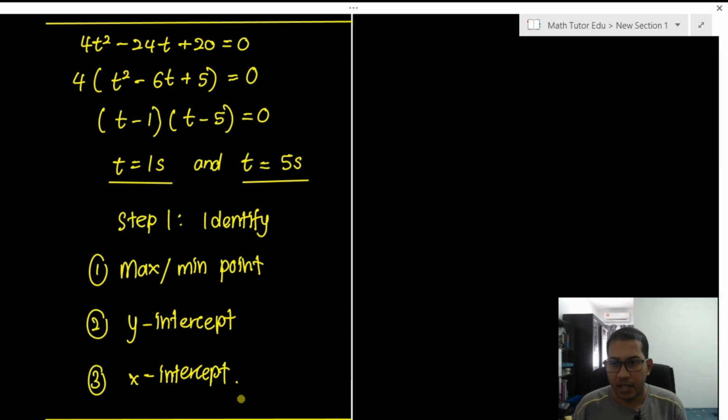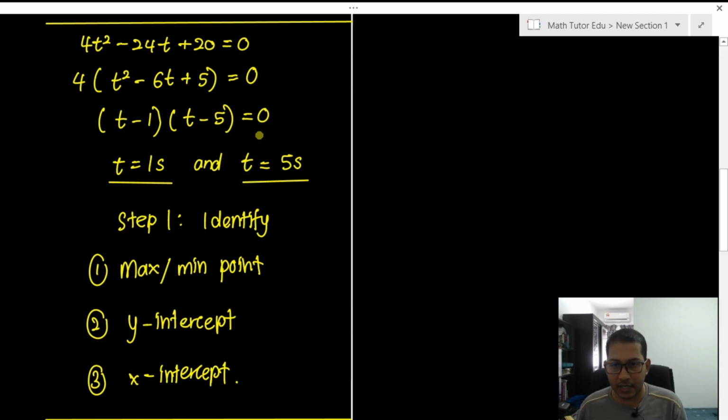Range, in this case, since the question asks us to find the first 5 seconds and our x-intercept falls exactly at 5 seconds, technically we don't really need to find the range. Otherwise, let's say for example your x-intercepts fall at t equals 1 and t equals 3 seconds, that means you need to find the value of velocity A when time equals 5 seconds.